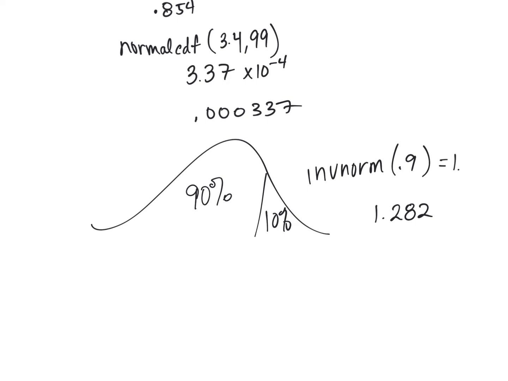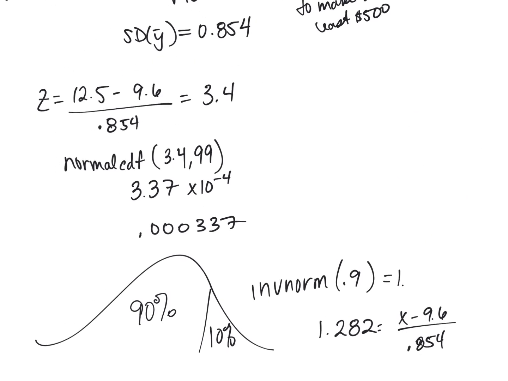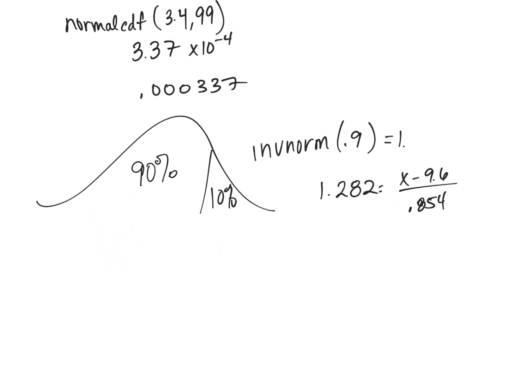Okay. And that is x minus 9.6 over 0.854. What was it? Yeah. So we'll multiply by 0.854 and add 9.6. And it's actually x bar. It's the average.